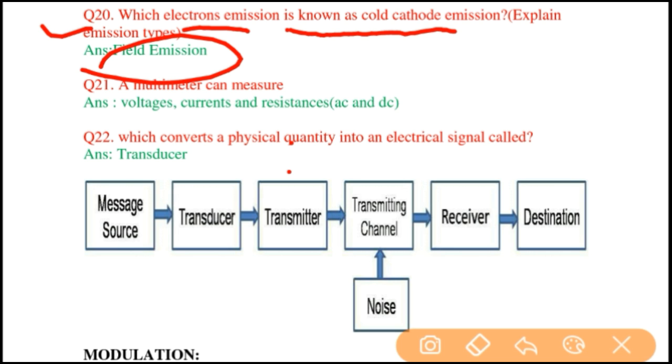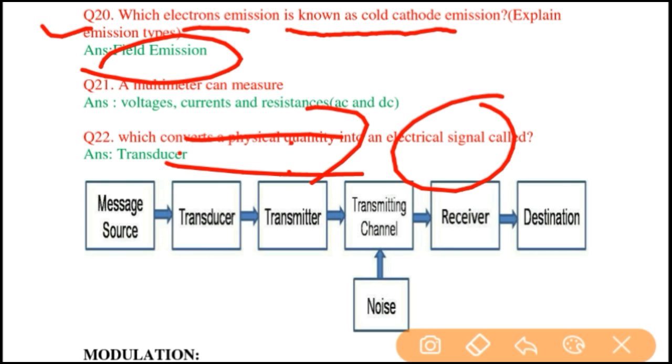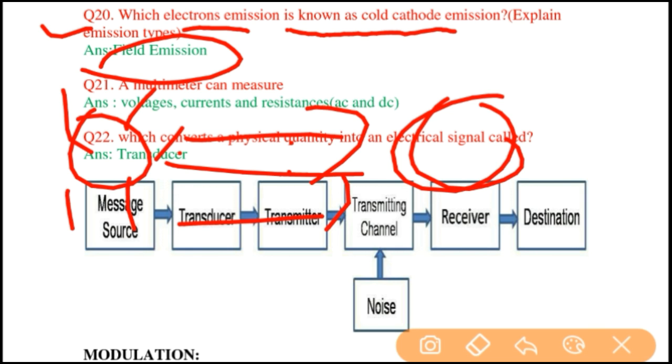Similarly, we have photoelectric emission. In this method, the energy of light, from a lamp or the sun, falls on a metal and releases electrons. This is known as photoelectric emission.